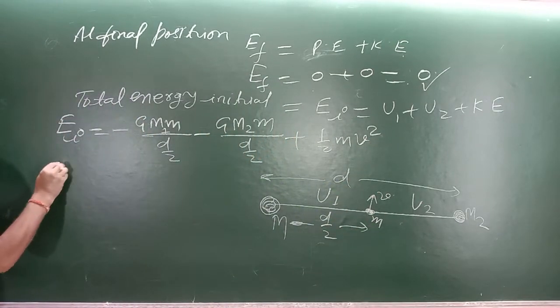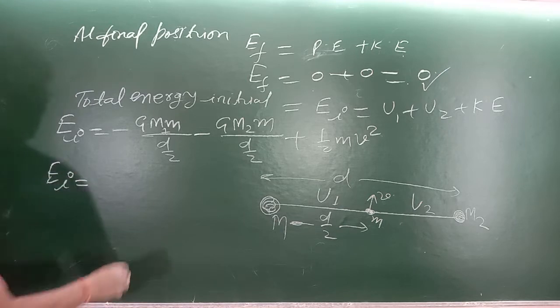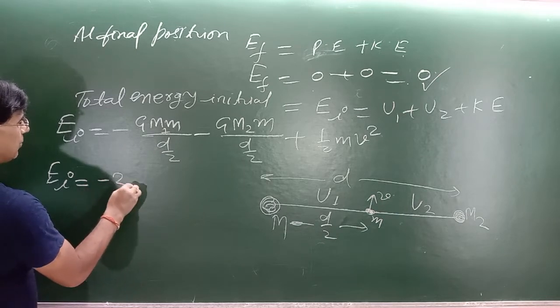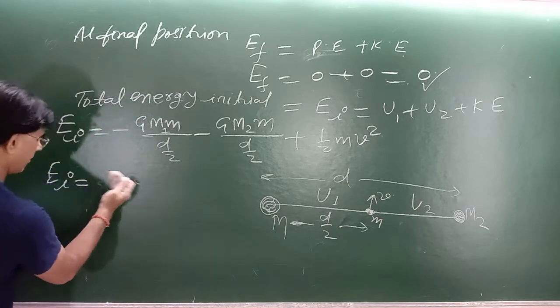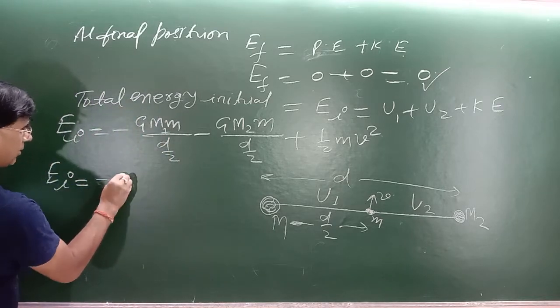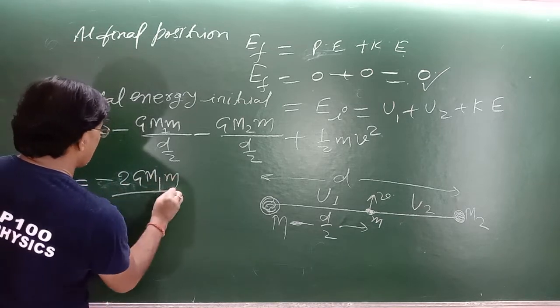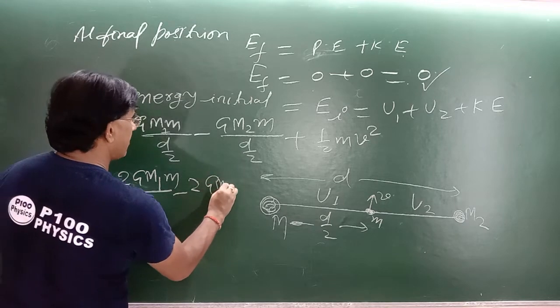So EI equals, with the 2 going to the upside, minus 2GM1m upon d minus 2GM2m upon d.